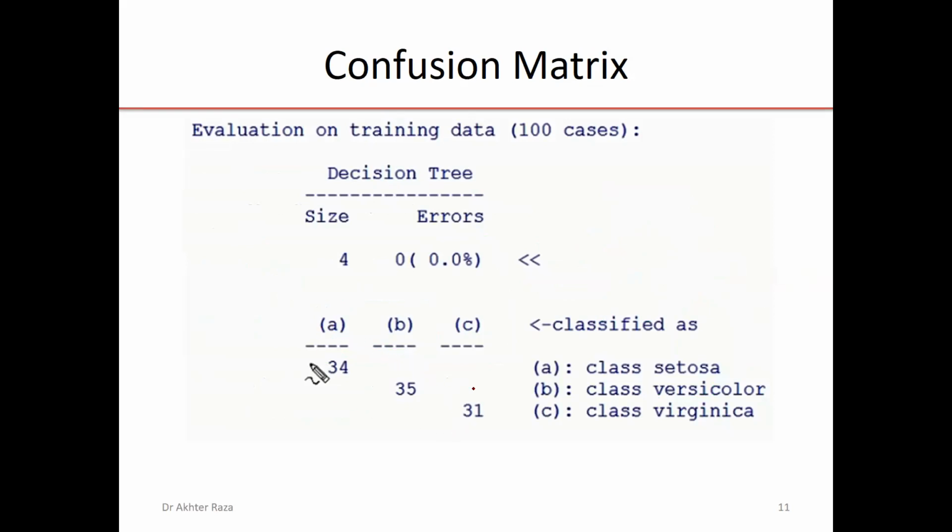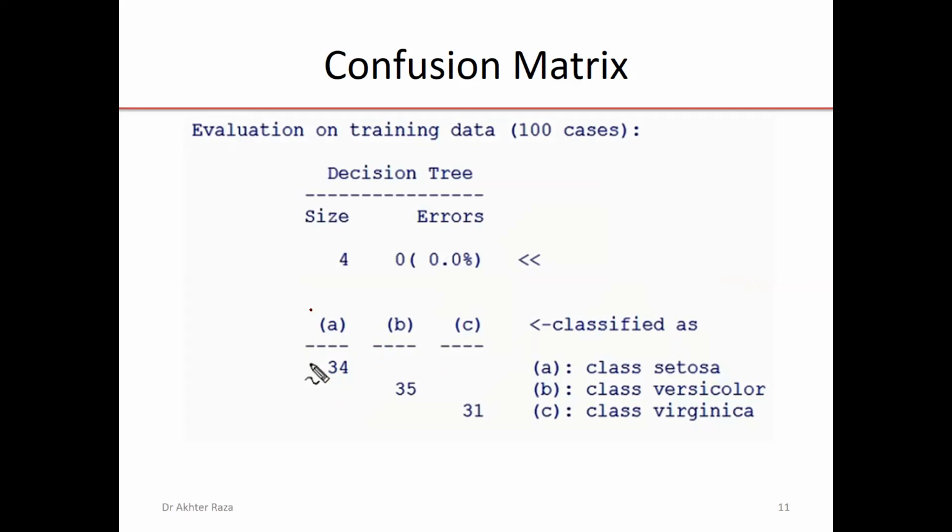This is indicating A, B, C. A is Setosa, B is versicolor, C is virginica. We have 34 correctly classified items. Means these 34 elements are from Setosa, and they are classified in Setosa.